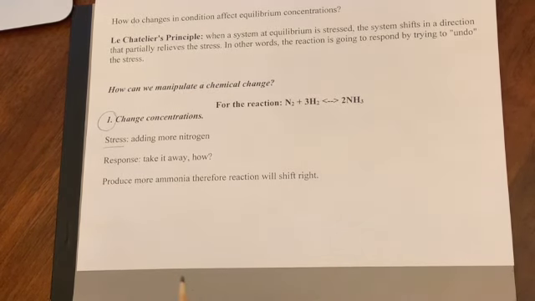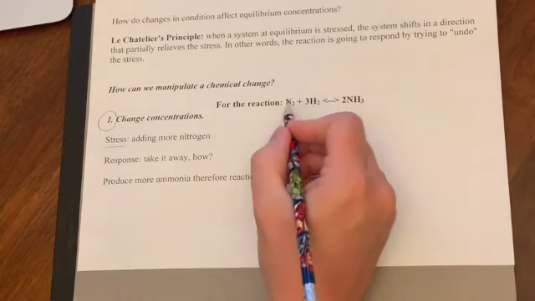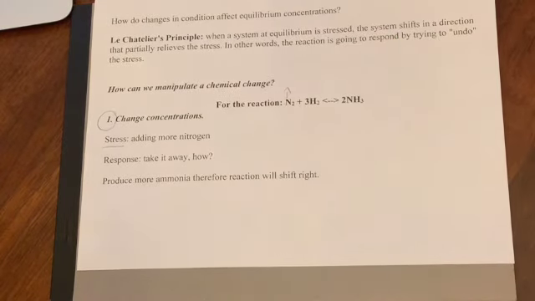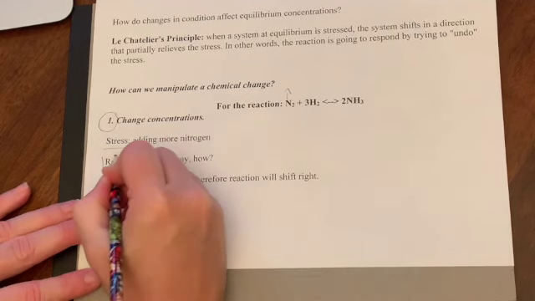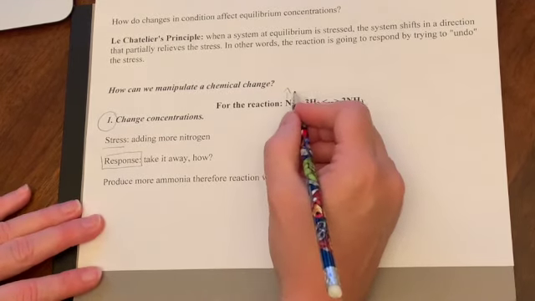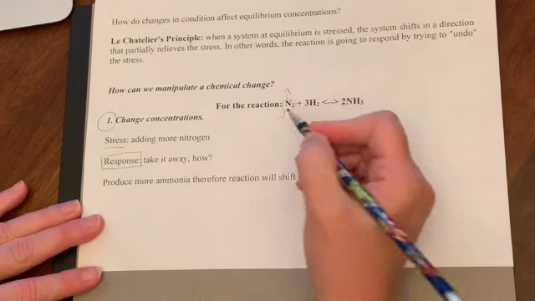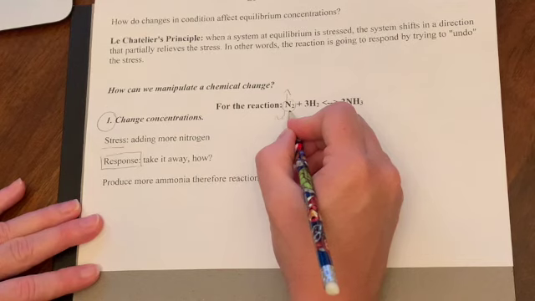What's the opposite of that? Because that's going to be the reaction's response. And how does that happen? So the stress is that you've increased N2. That was your stress. Well, what is the response of the reaction going to be? It's going to be the opposite. It's going to be to try and take this away. Well, how do I take it away? How do I use up N2?